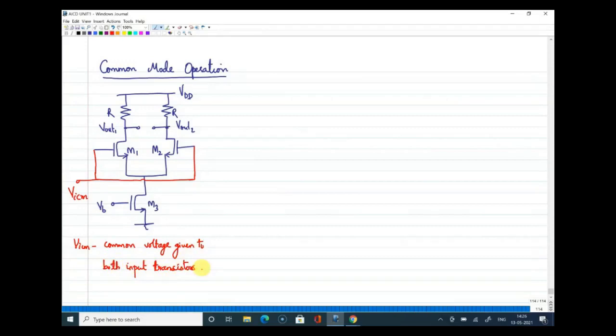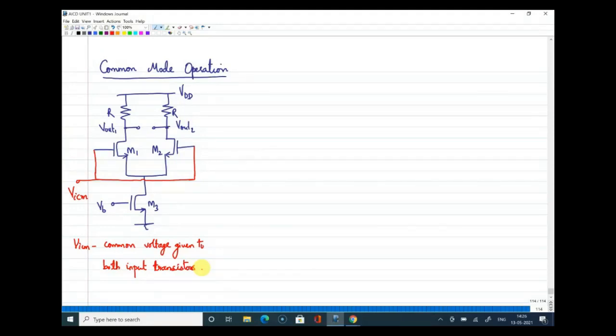Now you'll be wondering why I have shorted this. The idea of shorting is just to say that we are applying the same voltage on both ends, right? So instead of connecting it as two different voltages, since we apply the same voltage on both gates M1 and M2, I have shorted it, and I have shown it as a single common mode voltage.